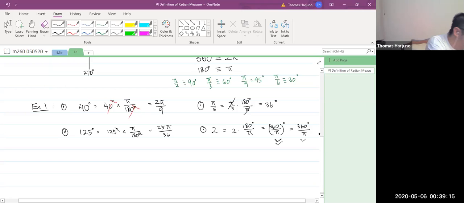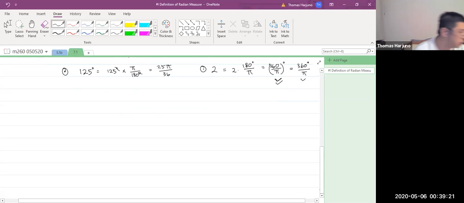Now then, how do we use this? One of the big uses of this, especially with the special angles, will be, for example, if I pick question number 32.